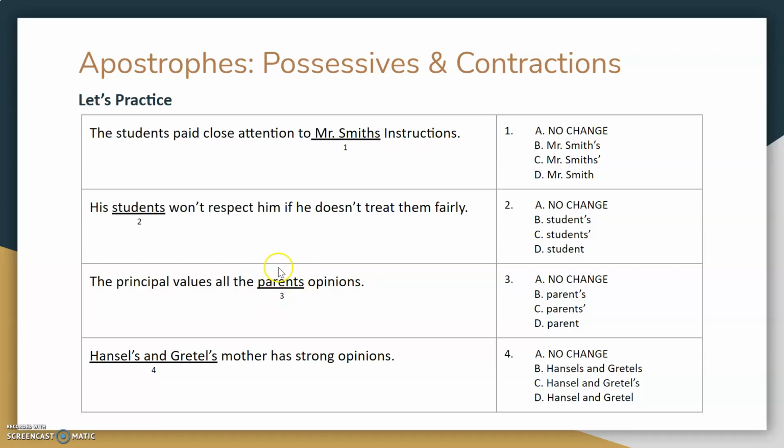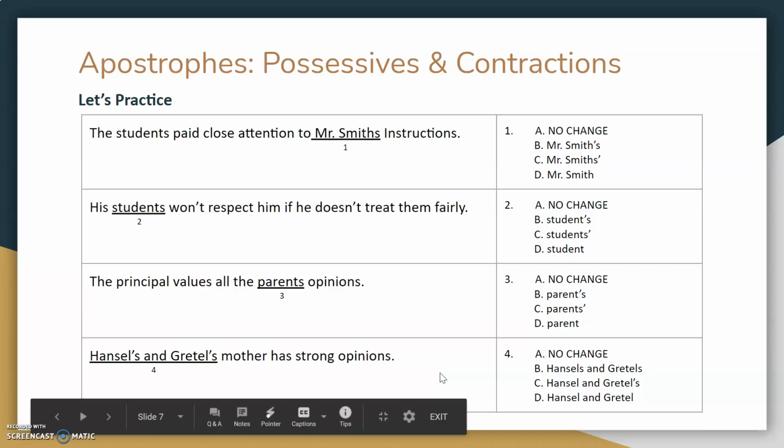I need to know because I need to know where I'm putting that apostrophe. All the parents. So that to me tells me that there's more than one parent. So I'm going to consider the word parents. Does parents end in S? Yes. So all I need to do is add the apostrophe. So what is the correct answer to number 3? Good. It's C.